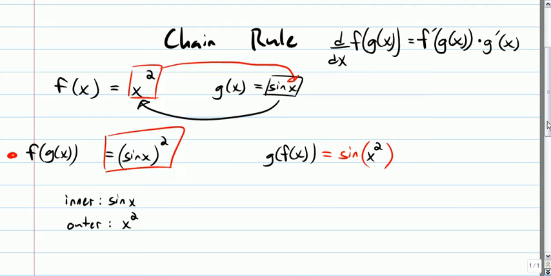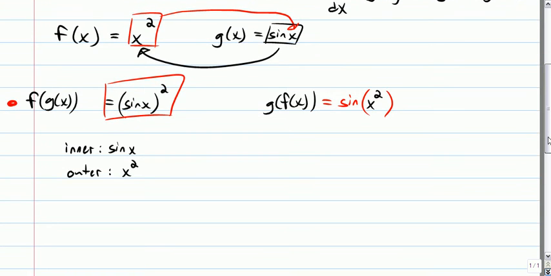Okay. If you did it the other way around, let's say you thought you had identified the inner and the outer, but you accidentally flip-flopped them. What if you said the inner was x squared and the outer was sine x? That says plug x squared into sine x. If you did that, you'd get sine of x squared.